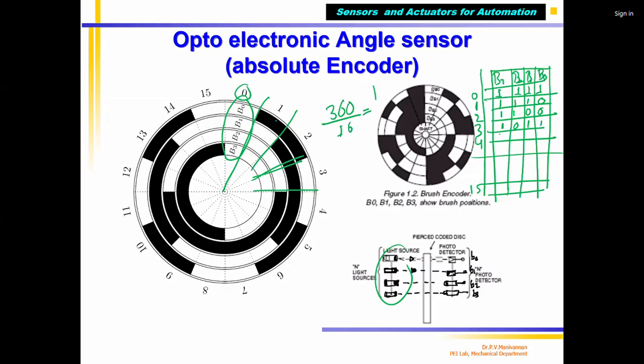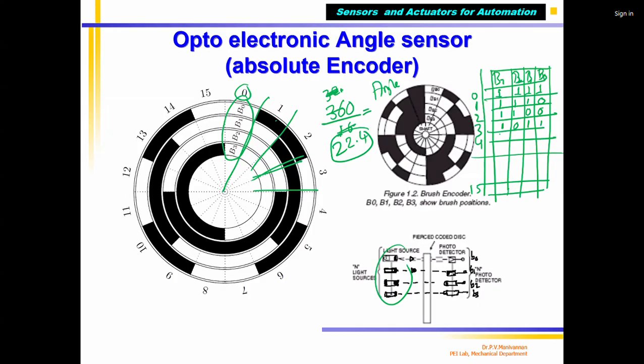So the angle resolution of this absolute encoder is 360 divided by 16, which is 22.5, roughly 22.4 degrees. That means it can measure an angle resolution of 22.4 degrees. This is how the angle can be measured.